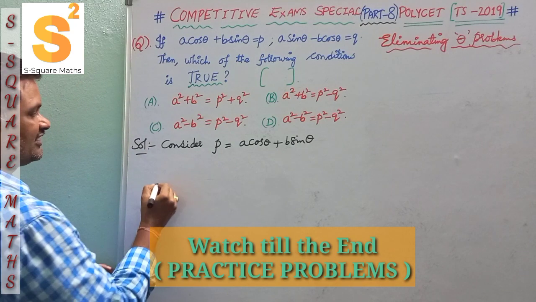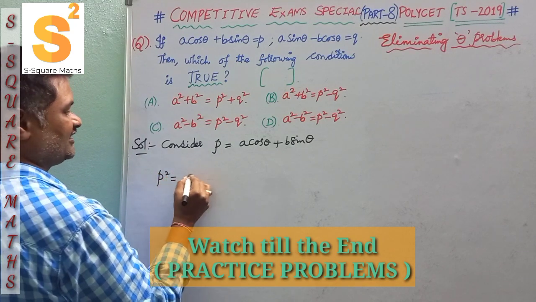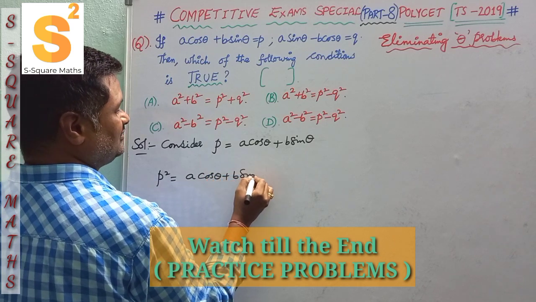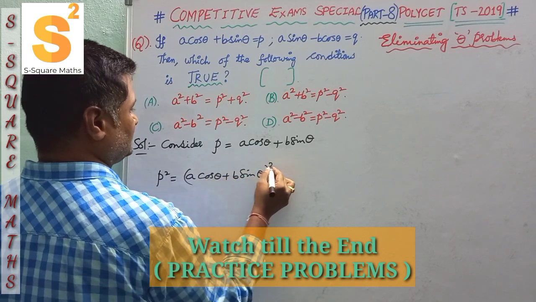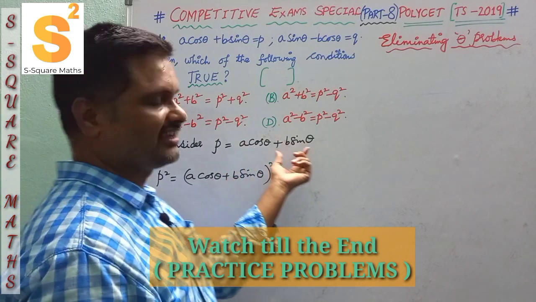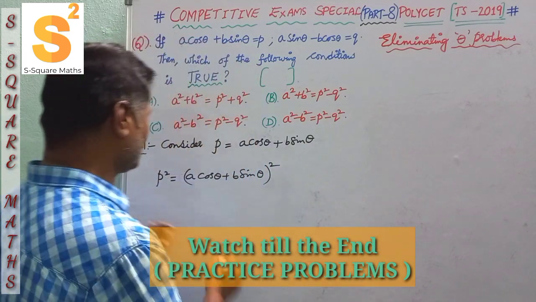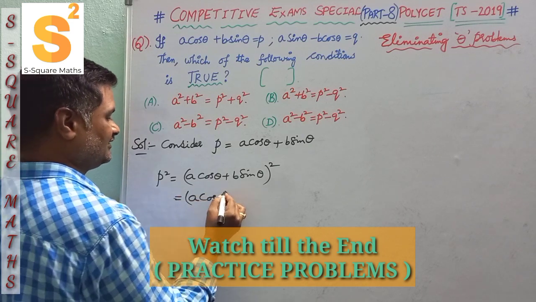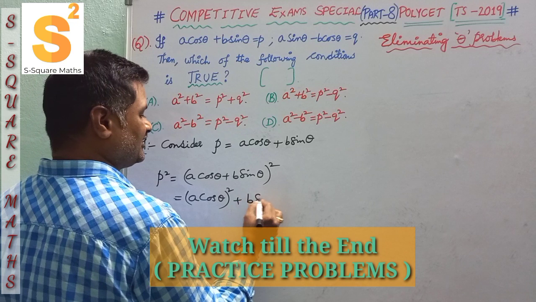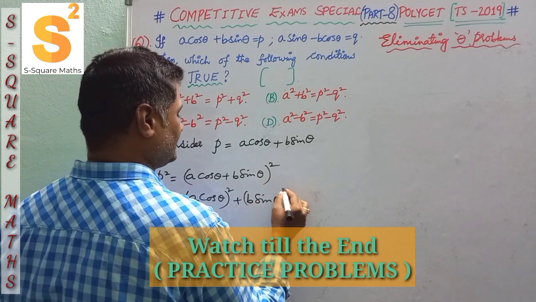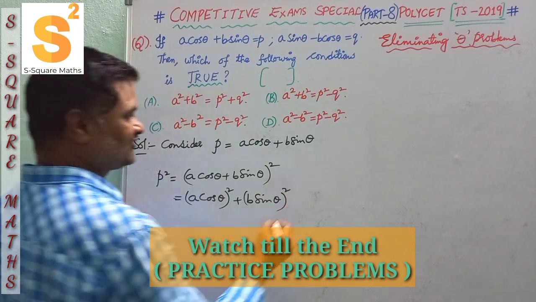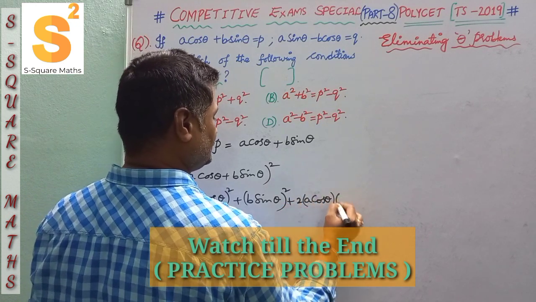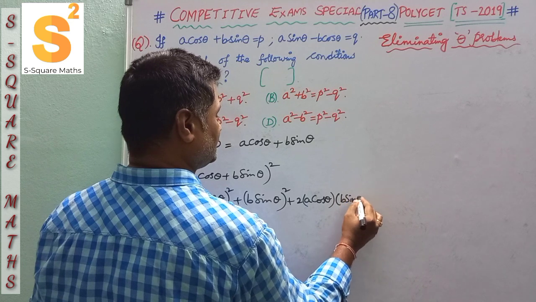Squaring on both sides, now I can say that P square is equal to A cos theta plus B sin theta the whole square. Just like x plus y whole square, A plus B whole square, A square, A cos theta the whole square, plus B square, B sin theta the whole square, plus 2 into A cos theta into B sin theta.